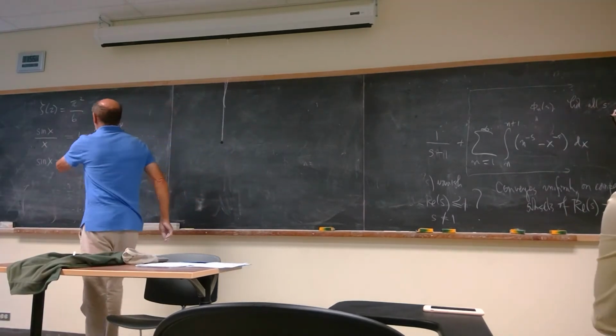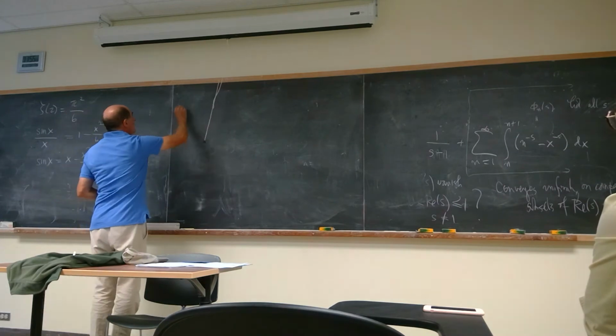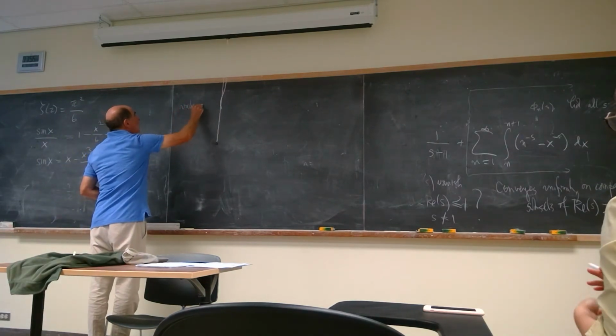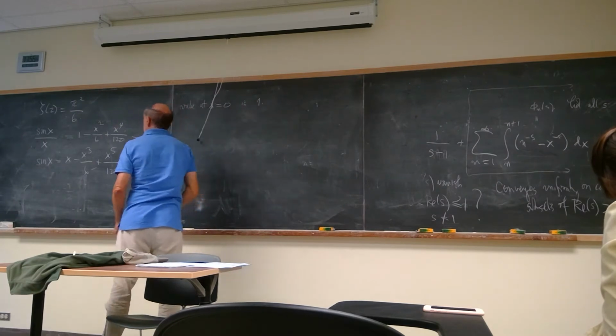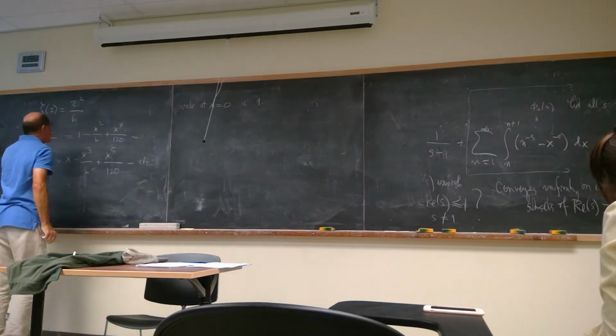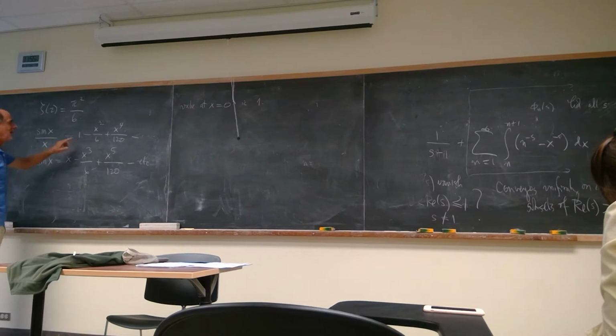So we know the value at x equals 0 is 1. And that's the classic limit formula that gives us this 1.